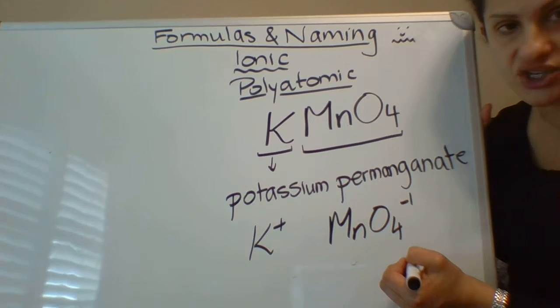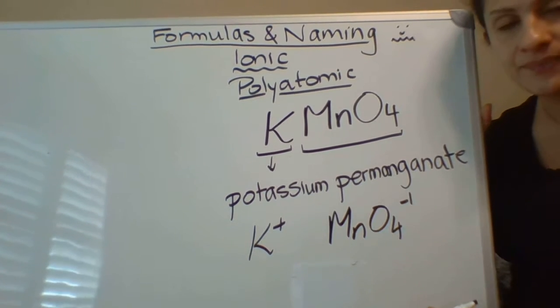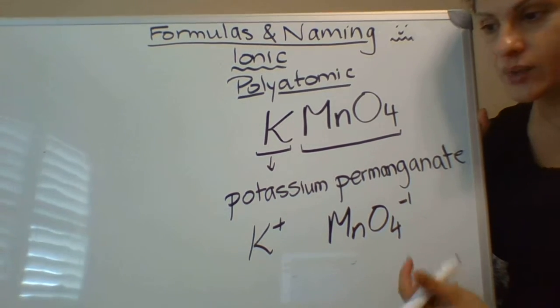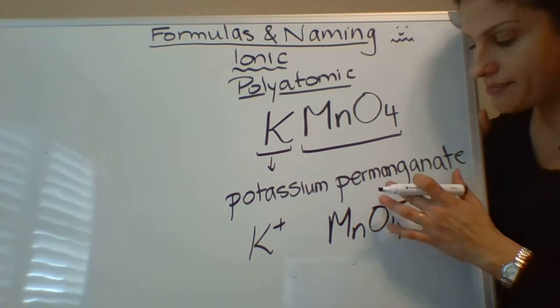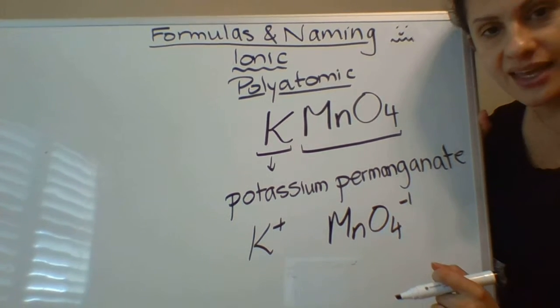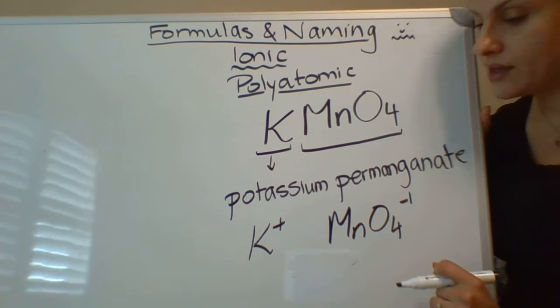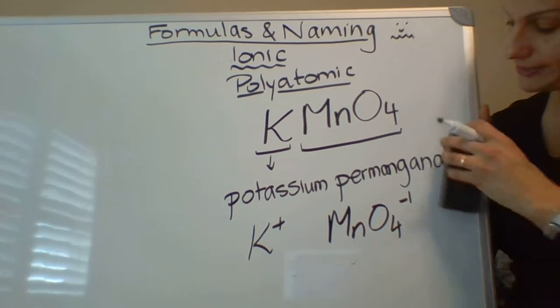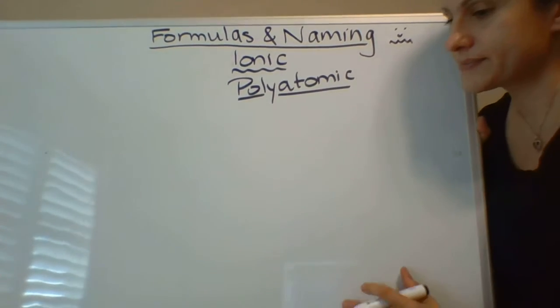So please do not change it to permanganide. Okay, I am telling you the name is permanganate. When it comes to the polyatomic ions, the name that you learn is the name that you put in the compound name.